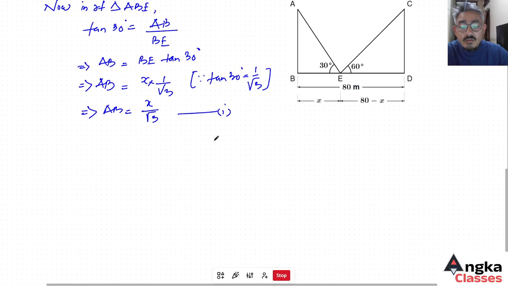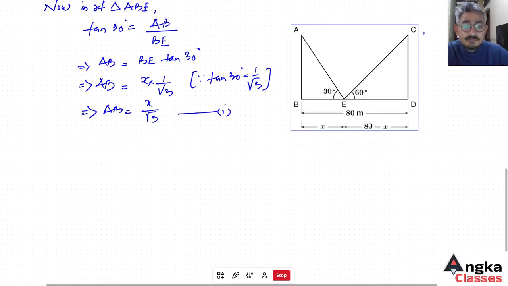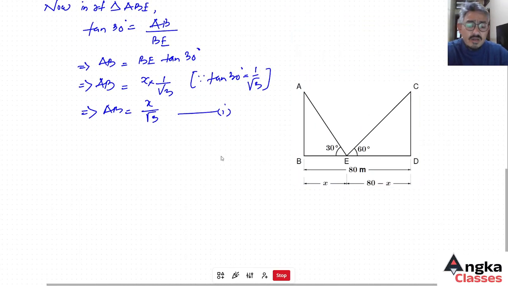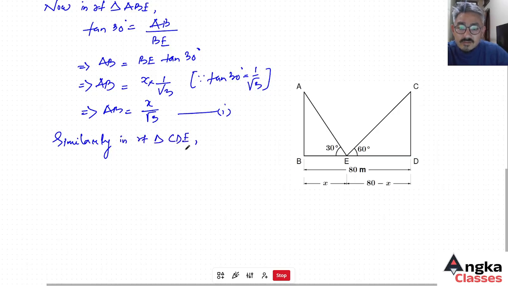Similarly, in right triangle CDE, tan 60 degree is equal to CD by ED. Okay.